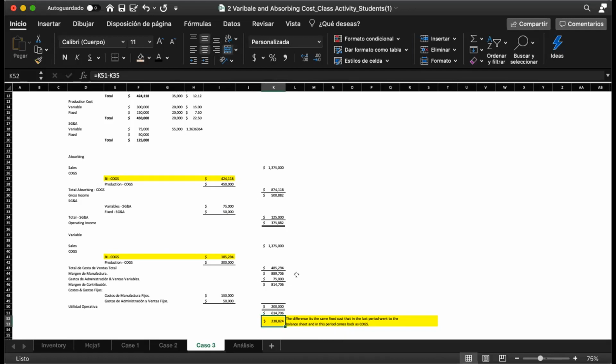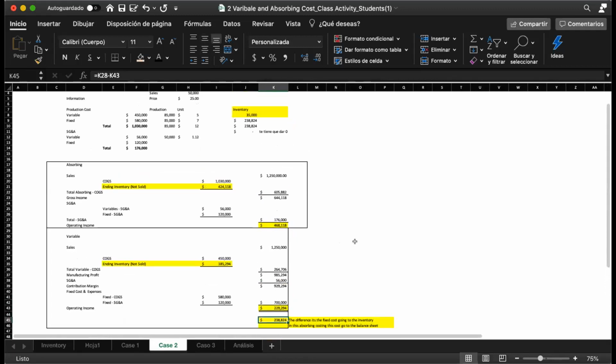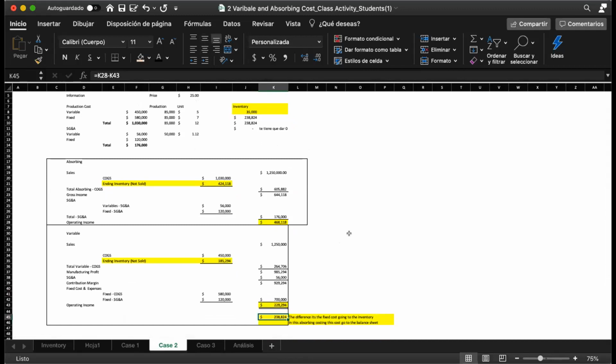So go to case number 2. All right. So now here in the variable, you see that number. What number? 200. You see, it's the same. So that difference is because in this period you are recognizing that extra fixed cost, 238,000. That one comes from the fixed cost that in this period you already registered inside the fixed cost as a period expense.